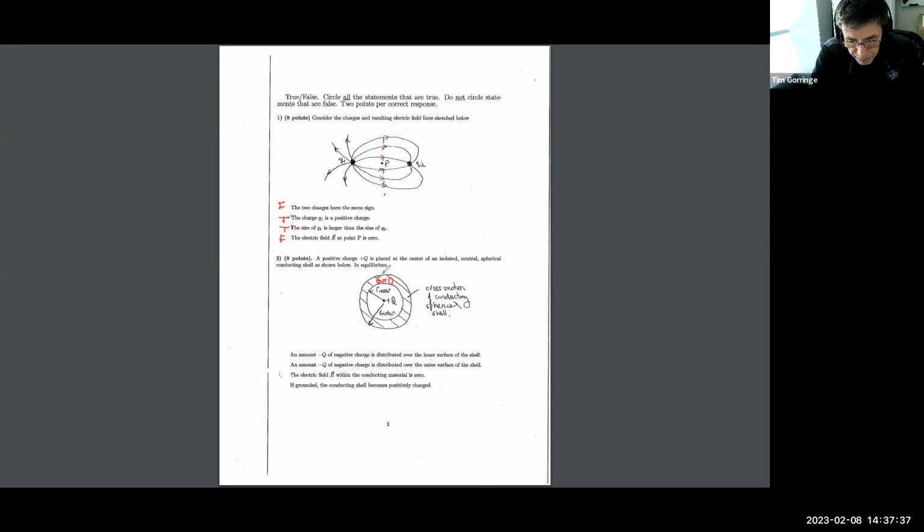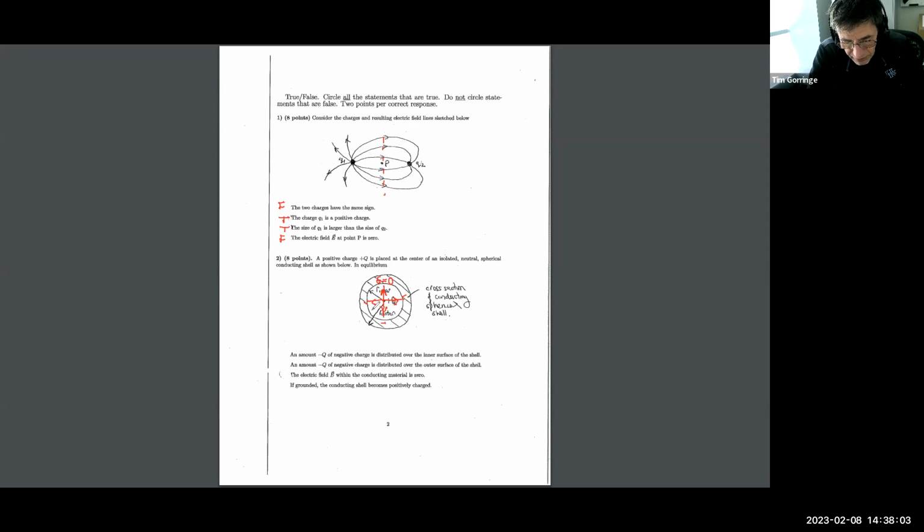So I've denoted that. That means that the field lines that are emerging from the positive charge located at the center of the cavity must be terminated by negative charges on the inner wall of the cavity to stop the field getting inside the conducting material itself.